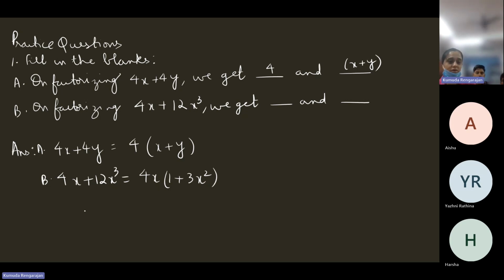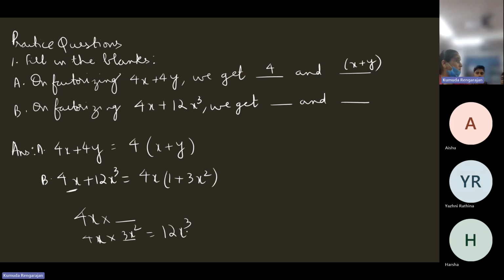Now 4x, which is common, into what will give you the first term 4x? Into 1. So that's why 1 in the bracket. Then 4x into what will give you the second term, 12x cubed? 3x square.